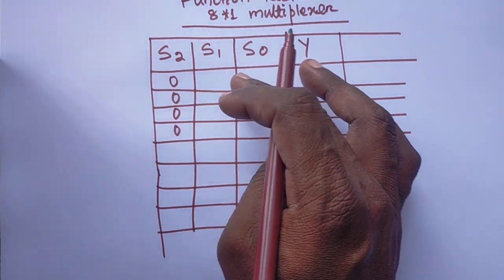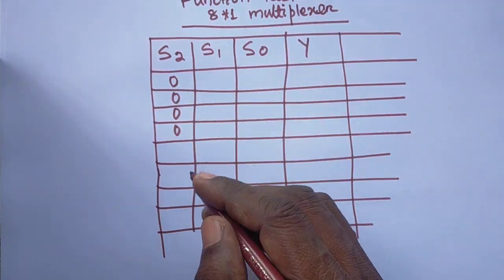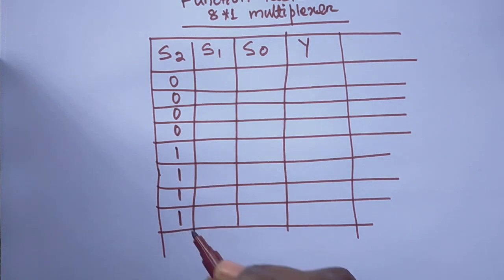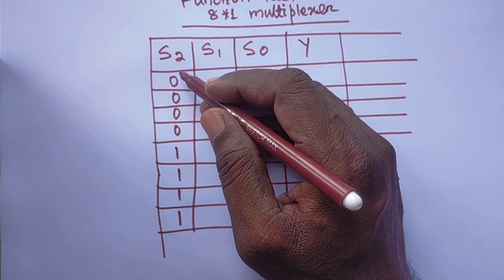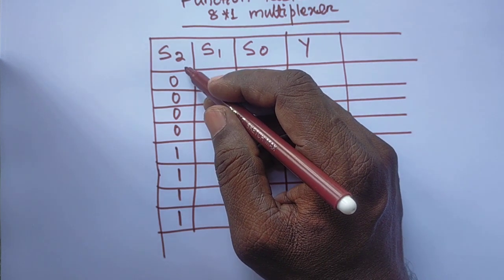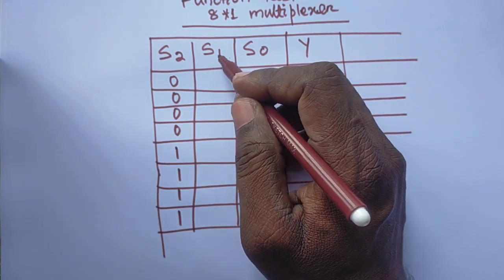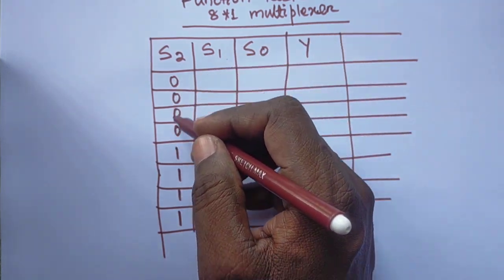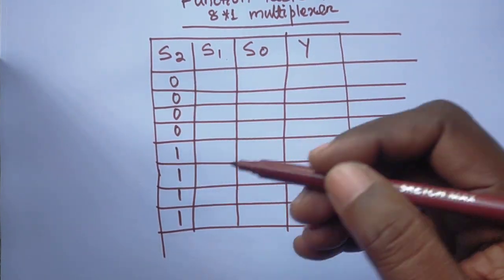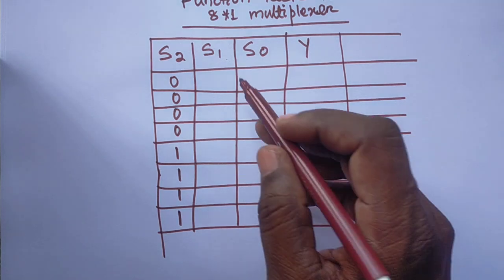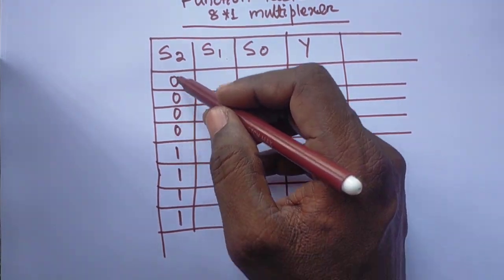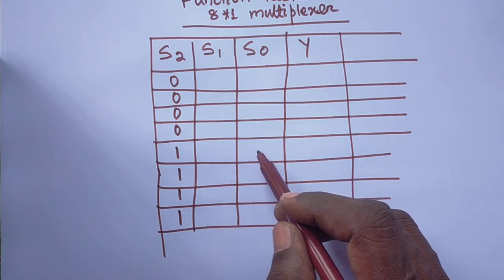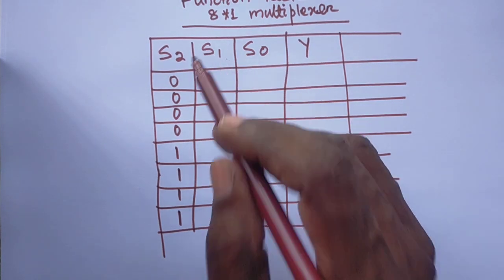So 4 types of inputs we can give. Similarly, if it is 1, we can also give it like this. So 4 zeros, because 4 inputs are activated by S0 and S1. Similarly, if we go through 1, 4 inputs are also selected by S0 and S1.